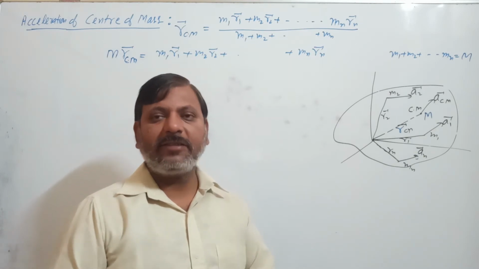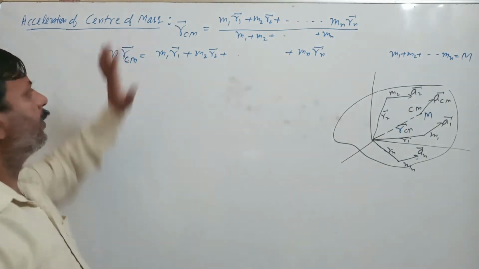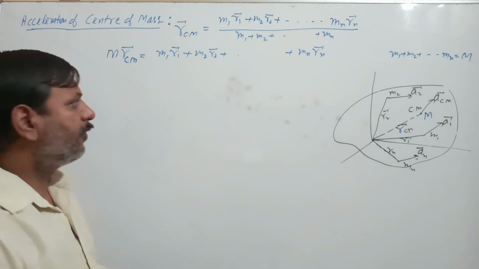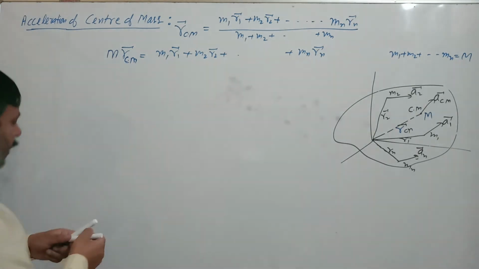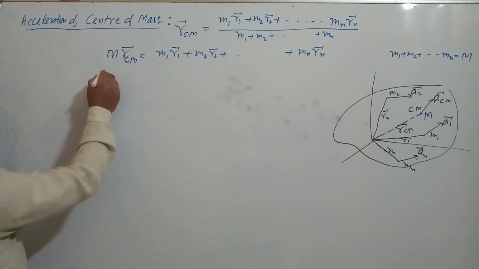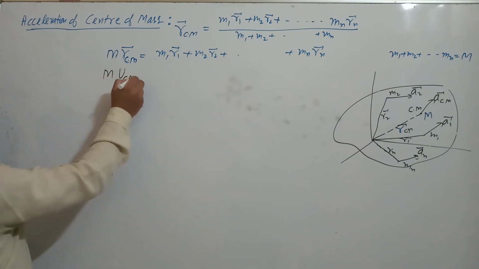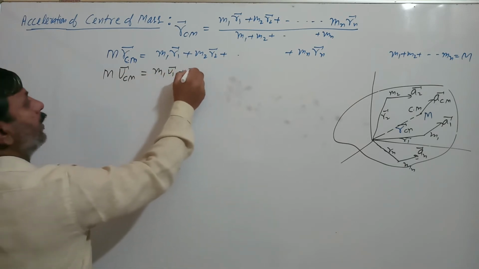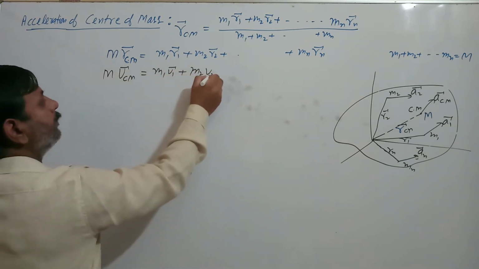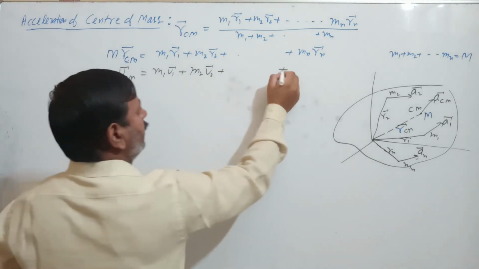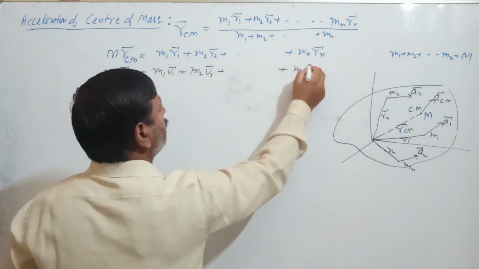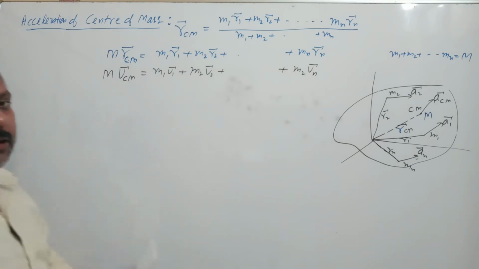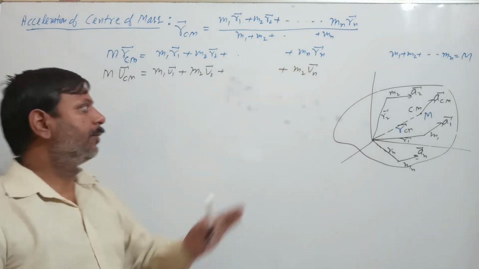Now for acceleration of center of mass, the same thing applies. What we have found is that the total linear momentum is equal to the product of mass and velocity of center of mass.